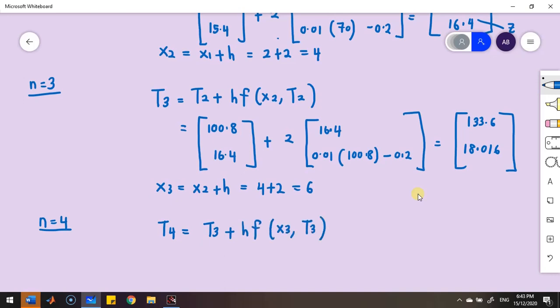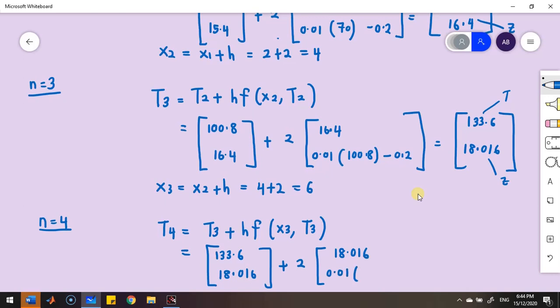Okay, so what is T3? So I have, this is my T, this is my Z. So I have 133.6, 18.016 plus 2, Z first, 18.016, 0.01 multiplied with T, 133.6, minus 0.2.